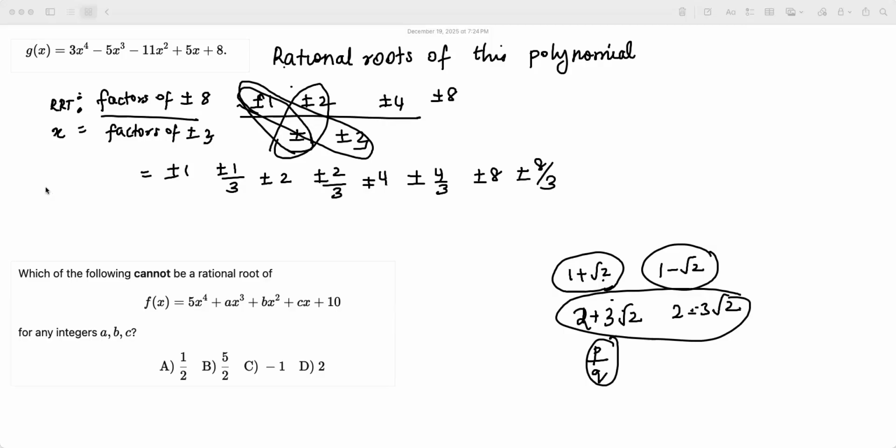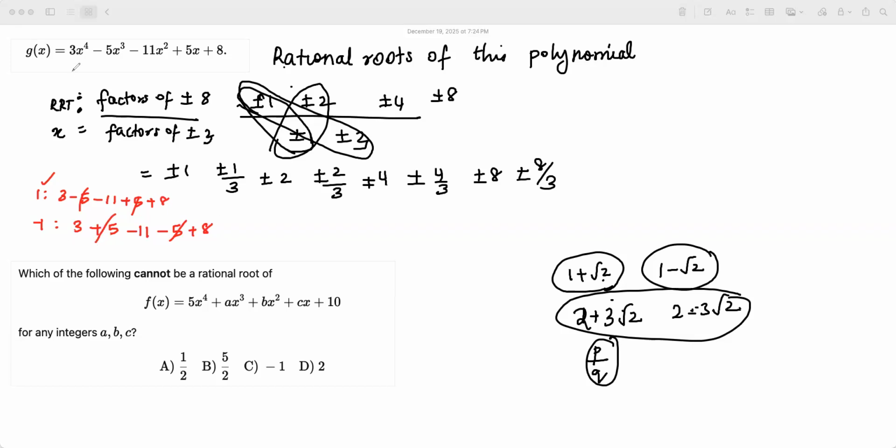So let's see. I'll substitute x equals plus 1 and minus 1. So for 1: 3 minus 5 minus 11 plus 5 plus 8. Oh, this itself is working. 1 itself is working. Let me try minus 1 quickly: 3 plus 5 minus 11 minus 5 plus 8.